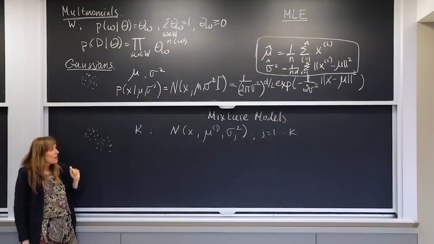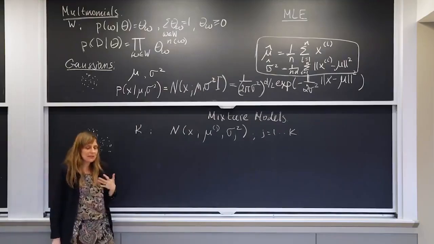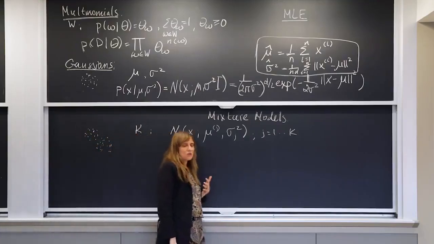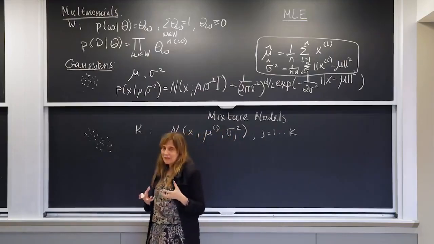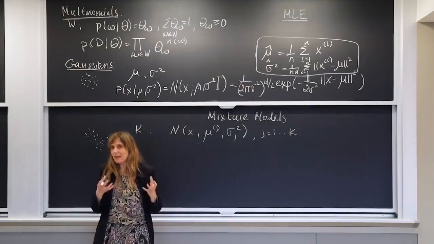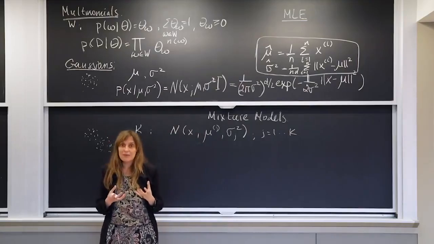So now it should already be reminding you of our conversation about clustering, because in the case of clustering, you had several clusters, correct? And we described each cluster maybe by a representative of that cluster.